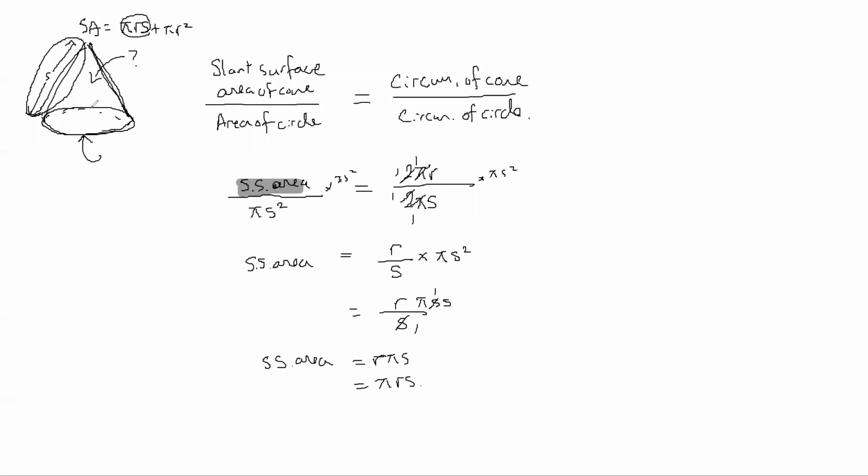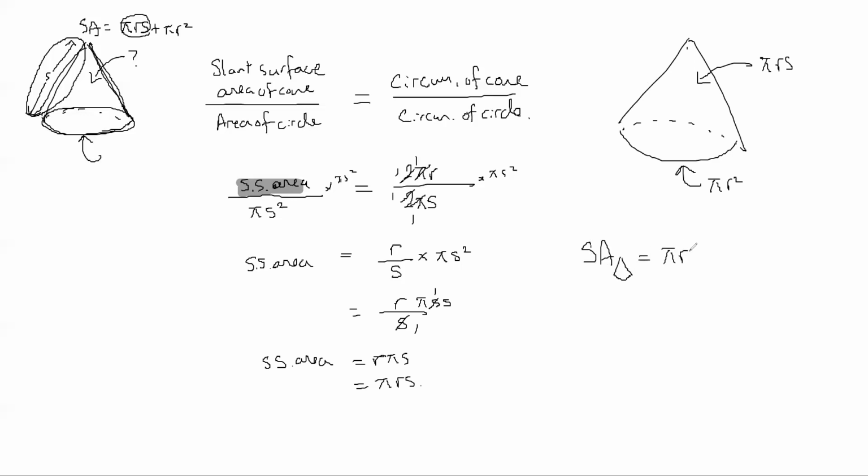So if the slant surface, using mathematical ratios, is pi rs, and the base circular area is pi r squared, then the entire surface area of the cone is going to be pi rs added with pi r squared.